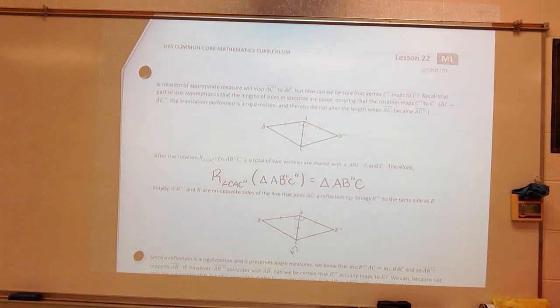So B is still double prime because we haven't mapped it back to the original figure. Alright, hopefully you guys are with me. I know it's hard to understand.